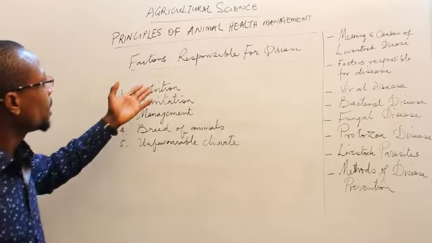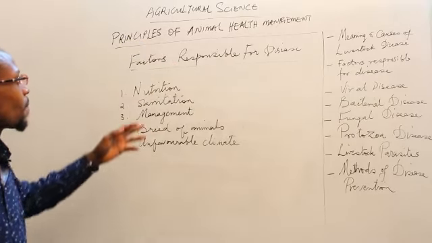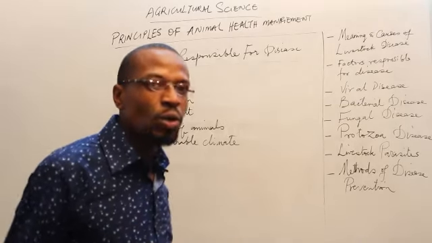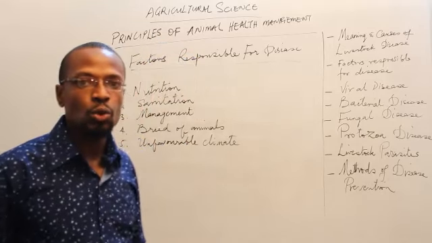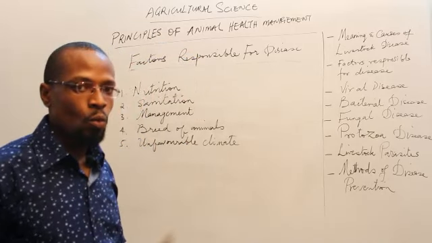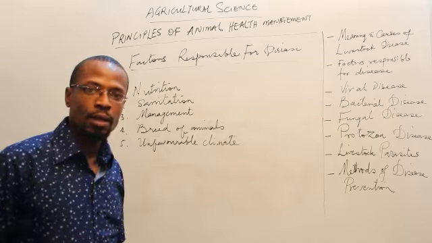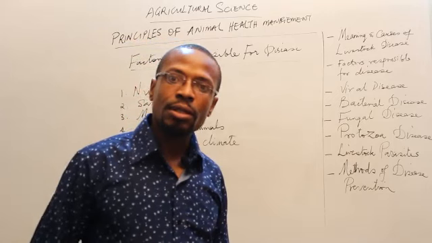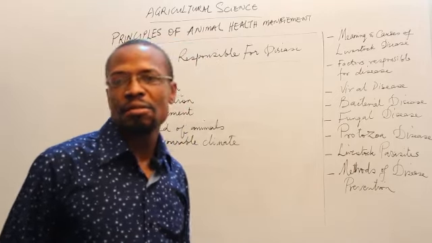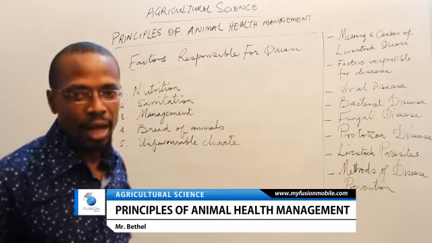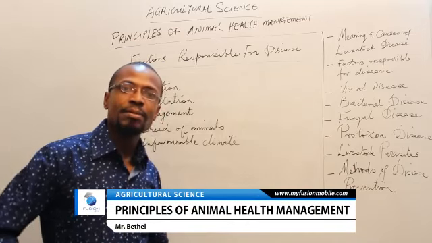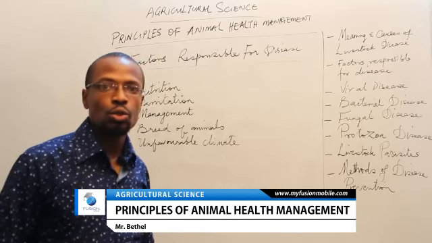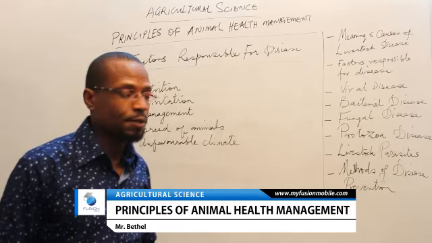Now, let's quickly look at the factors that are responsible or that could predispose an animal or a livestock to diseases. One of them is nutrition. Nutrition is key. If the animal is not well fed, it is only expected that such an animal will become diseased, or will become predisposed to diseases.